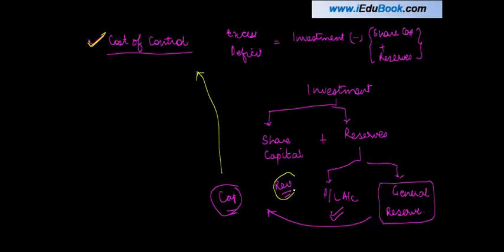Whereas if it is a revenue reserve, even general reserve will go and add to my revenue profits. Right? And therefore this bifurcation becomes important. We'll look at the cost of control calculations maybe in a different sheet now.